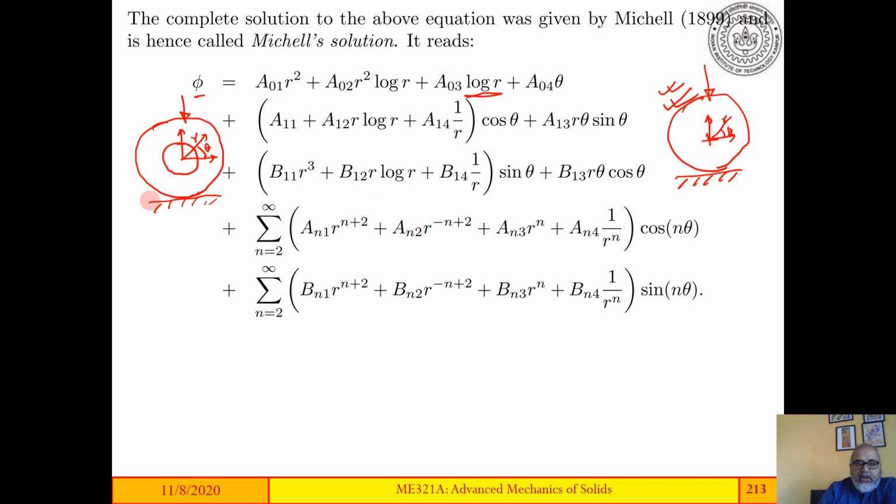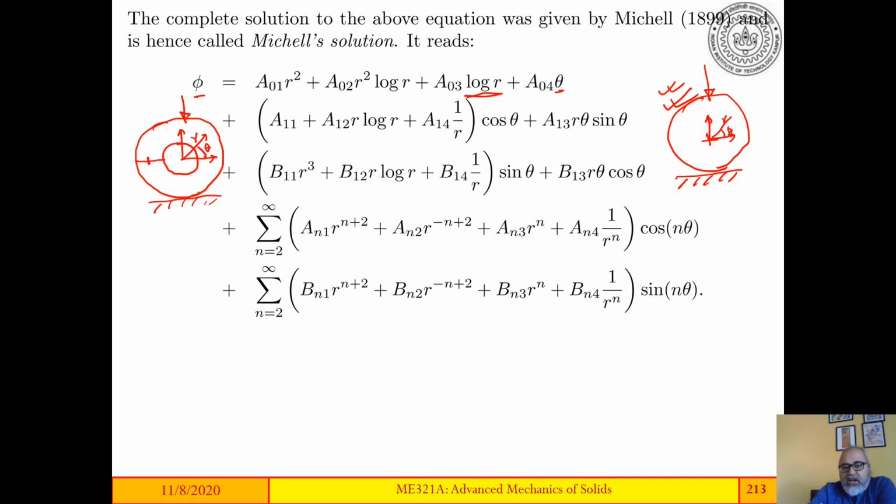Okay. Now, in these problems also, where R equal to 0 is not part of the domain, if you take a line like this, across this line, you would expect the displacements to be continuous. We have still not learned how to get the displacements starting from the Airy stress function, but we will learn that in a moment. But we already know that the displacements have to be single valued, which means that terms like theta in the displacement are not allowed, because theta increases by 2 pi every time you go around the origin.